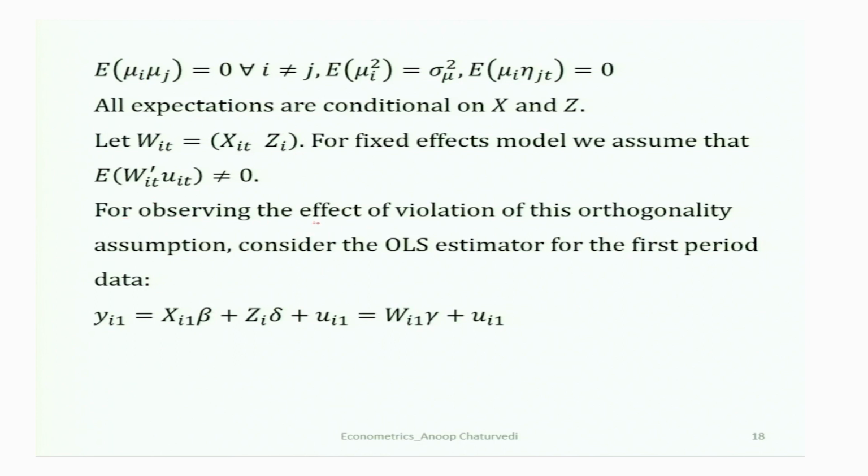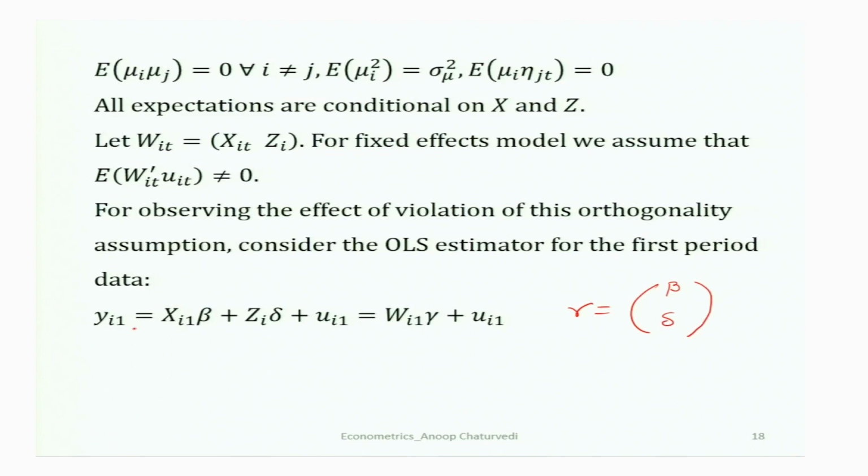Now, for observing the effect of violation of this orthogonality assumption, we consider the OLS estimator for the first period data. Suppose you take the first period data y I 1 equal to x I 1 beta plus z I delta plus u I 1, and then we write it equal to w I 1 gamma plus u I 1. Actually, we have taken gamma equal to beta delta.